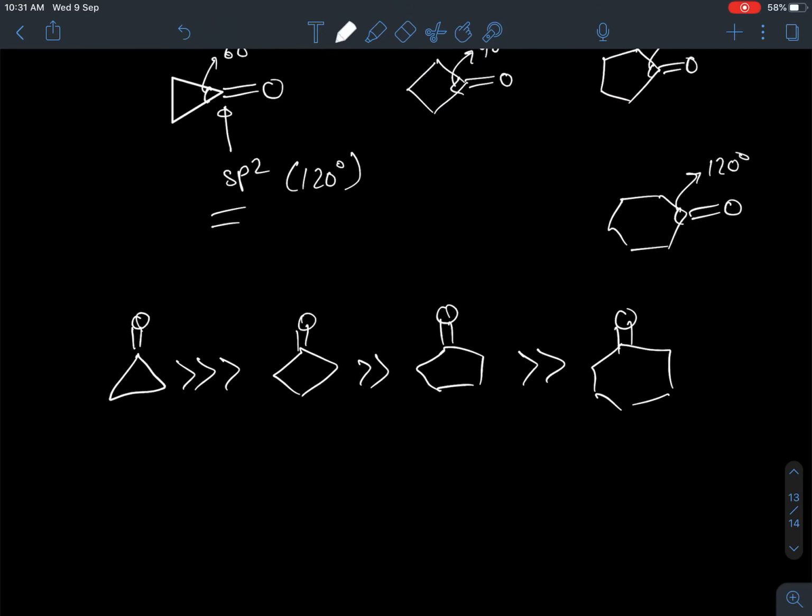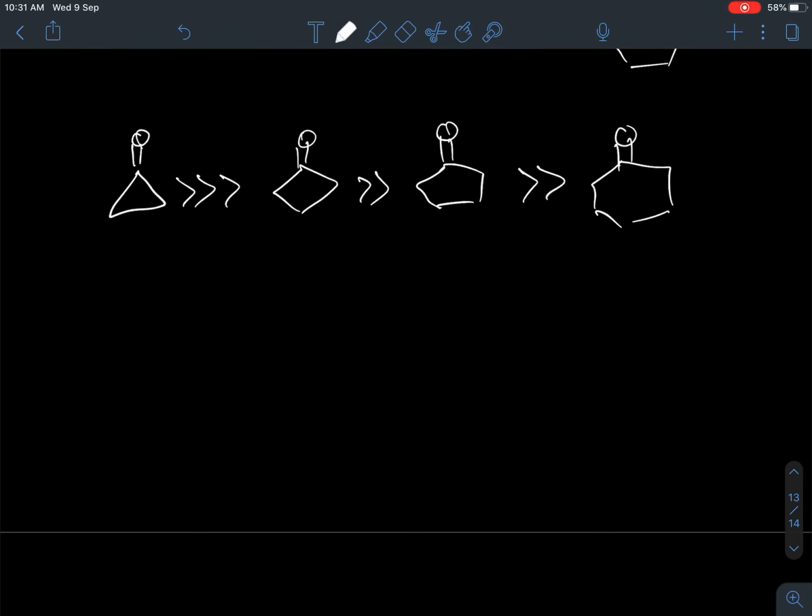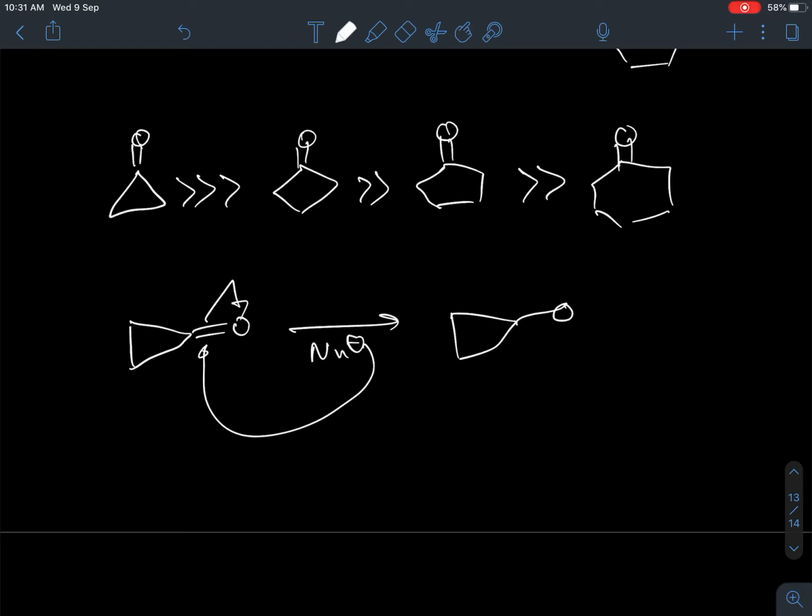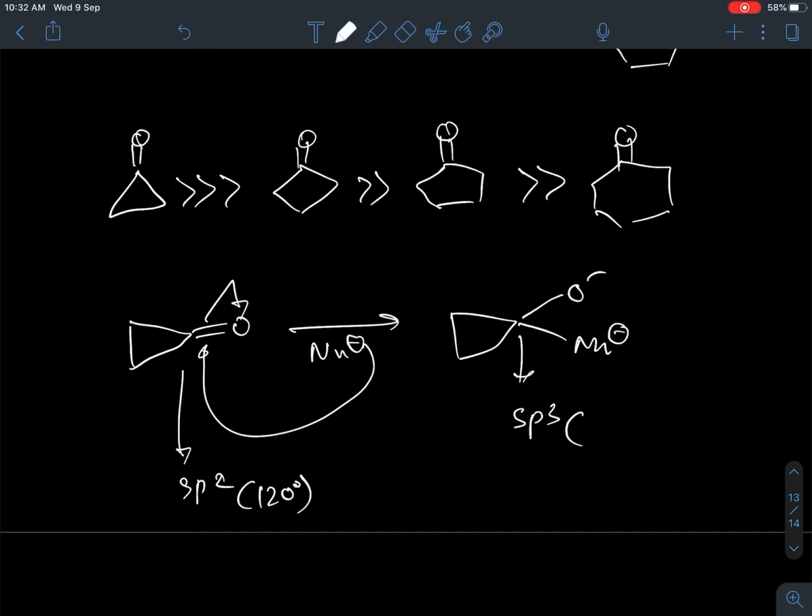Now coming to the relative reaction, and what ease it is going to get when it is going to react with a nucleophile. Say for example, I am providing a nucleophilic attack, then once this bond is going to break, it will become a tetrahedral species, and the moment it is tetrahedral, the hybridization changes from sp2 to sp3. So the required angle was 120, here the required angle changes to sp3, which means close to 109 degree 28 minute.